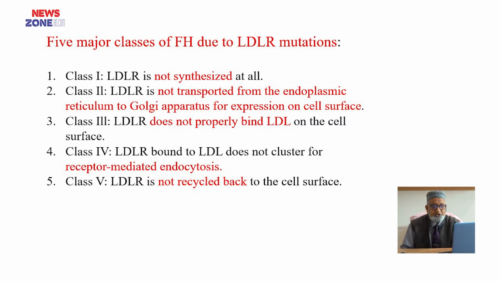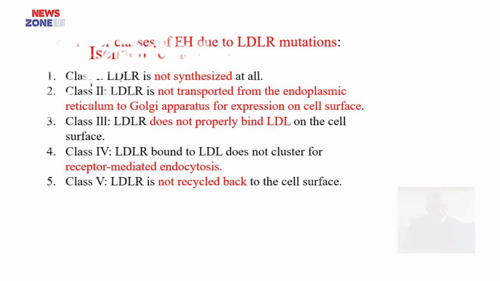Class 3, it does not properly bind LDL on the surface. Class 4, LDL is bound to the LDL receptor but does not cluster for receptor-mediated endocytosis. And class 5, the receptor is not recycled back to the surface. So, genetically we can classify familial hypercholesterolemia in this way.